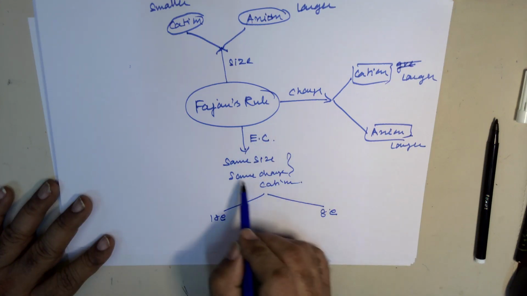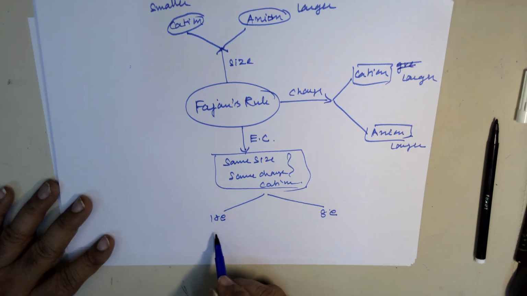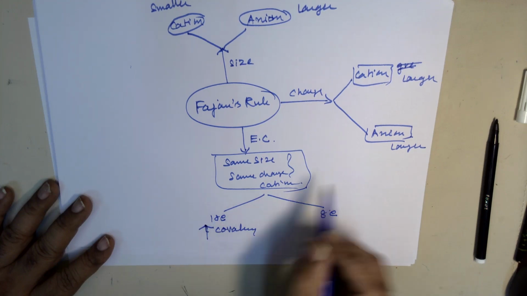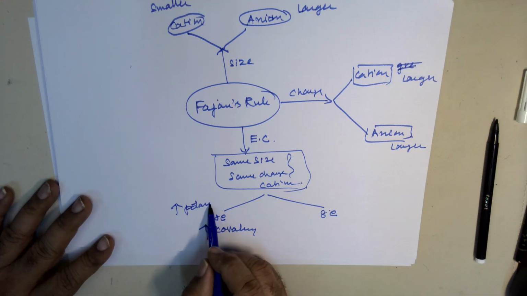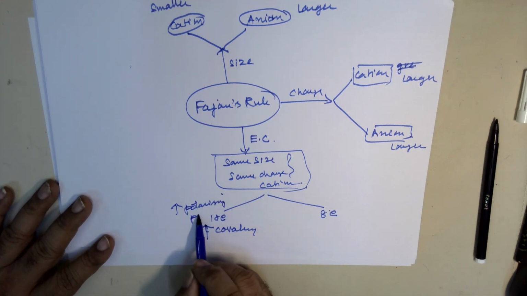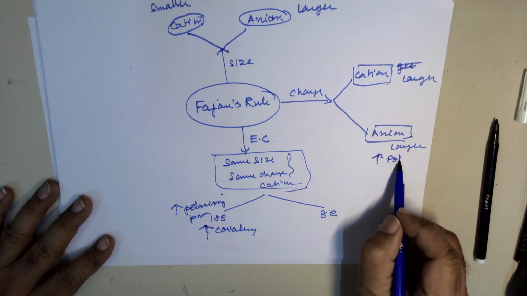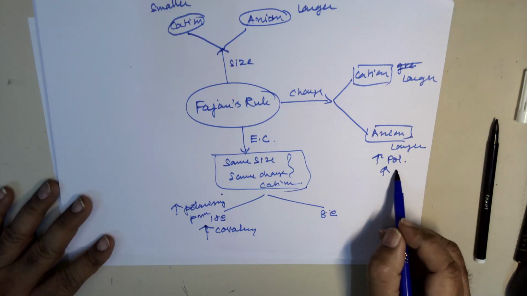And then here, suppose both of them have the same size. Then in that case, 18 electrons has more covalent behavior. Why? In all these cases, more polarizing power, so here also more polarizing power and hence more covalency.